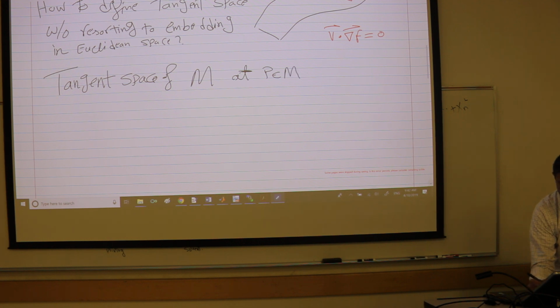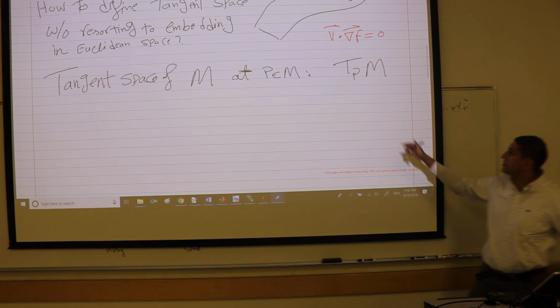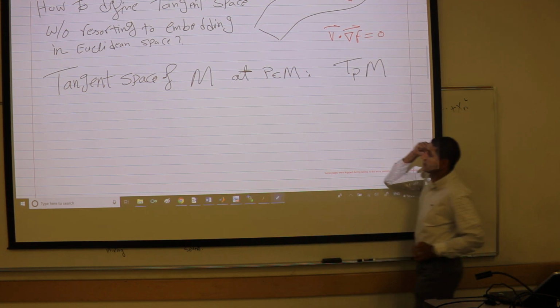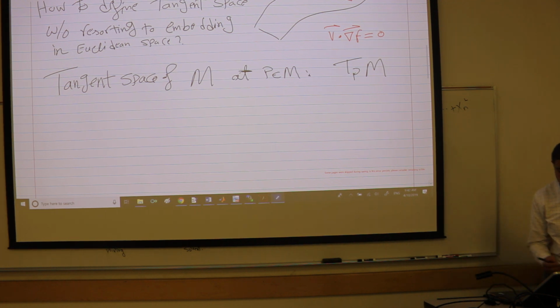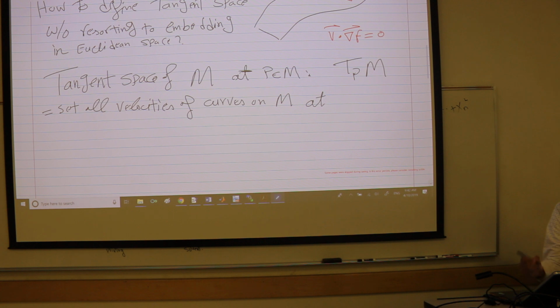This is what we're going to denote by TPM, and as you can see, we really stress the point in the definition because it's different from one point to another. This is the set of all velocities of differentiable curves on M at P, or passing through P.